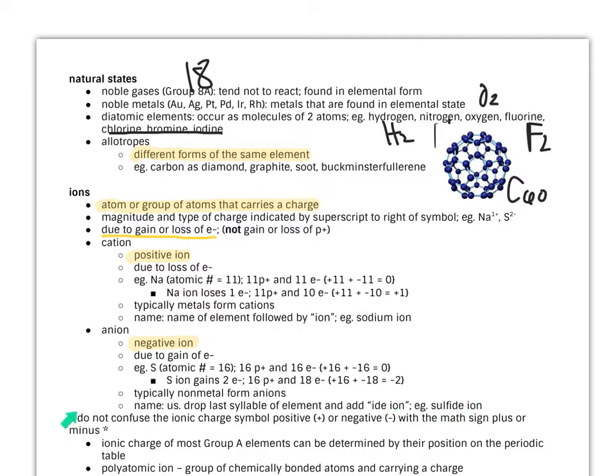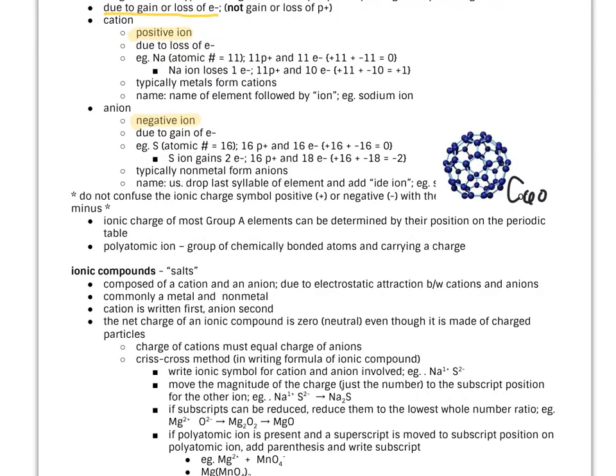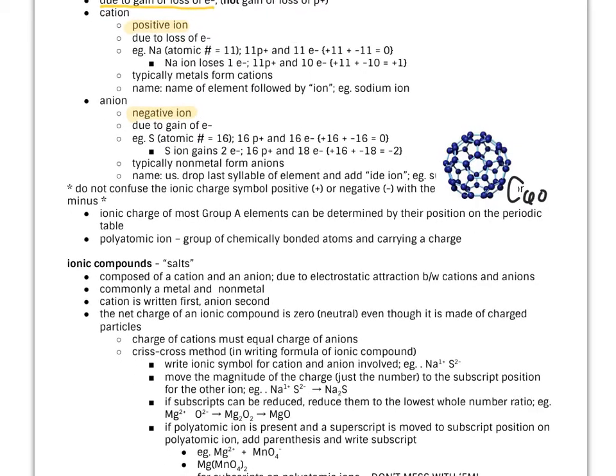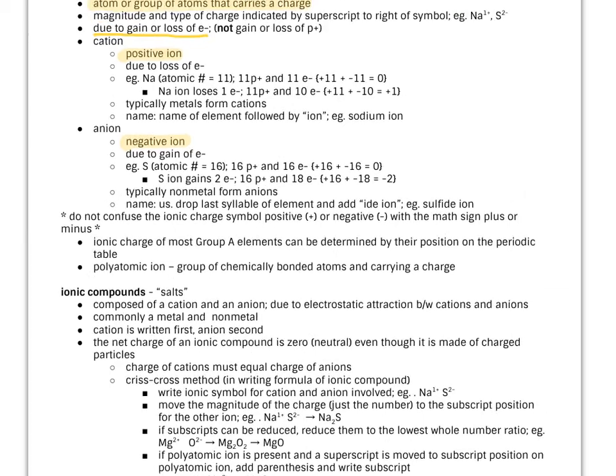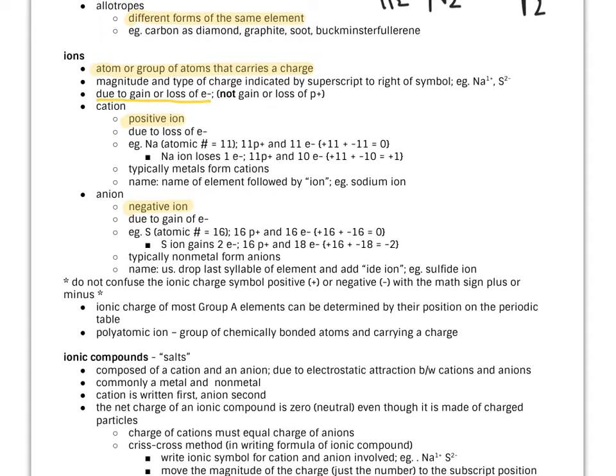I included this note. You don't necessarily have to write it, but I do need you to remember it. I need you to remember that you cannot confuse the ionic charge symbol, positive or negative, with the math sign plus or minus. So up here you didn't hear me say Na plus 1, you say Na 1 plus.